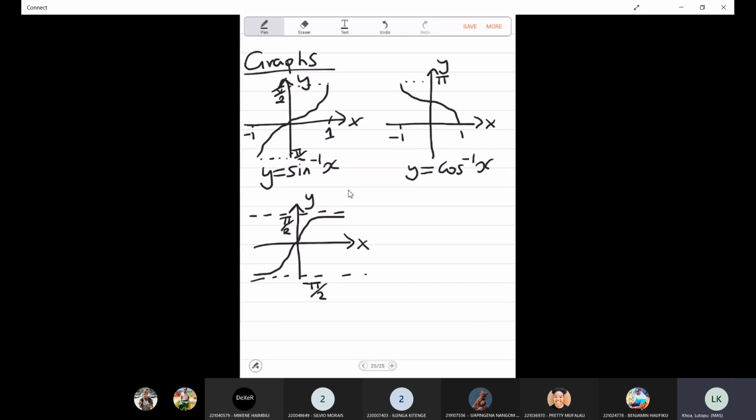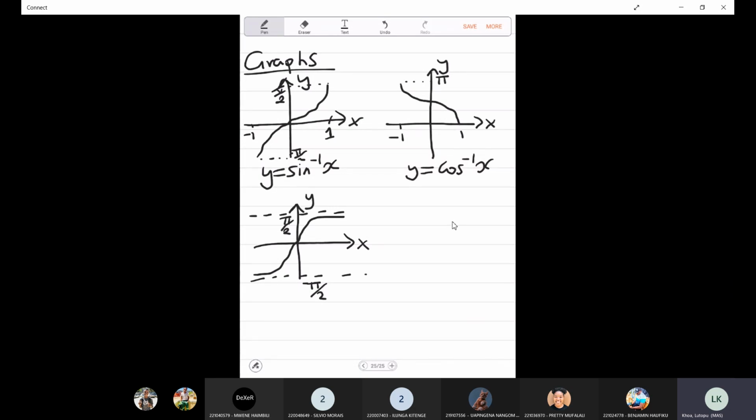So cos inverse of minus 1 is pi. And same thing, cos of 0 is 1. So cos inverse of 1 is 0.